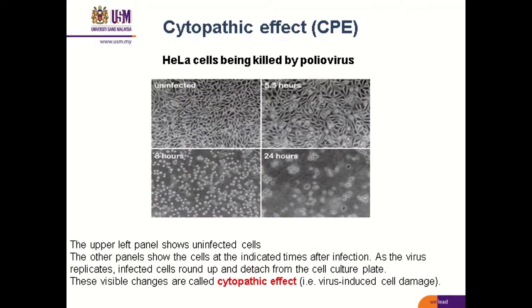So this is a cytopathic effect, where in the top left box we can see the uninfected cell culture, and in the bottom right is what we see after 24 hours. This is what we observe, and this is called cytopathic effect, which is virus-induced cell damage.